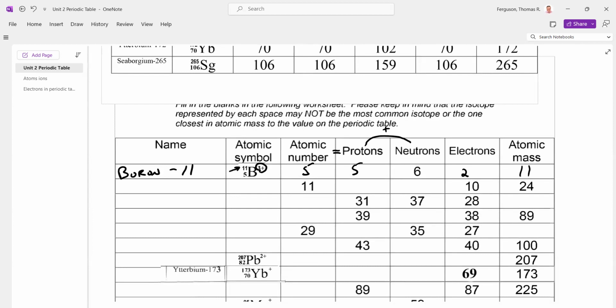Okay, so let's do another one. Let's do 31, this one here. What element does that correspond to?